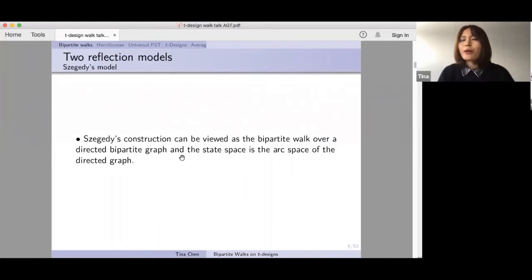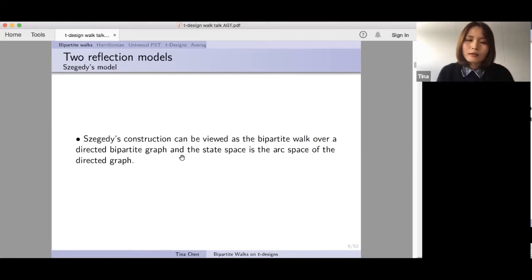Some of you may realize that this two-reflection model has been studied before, because it originated in Szegedy's paper, where Szegedy constructs a bipartite walk on a directed bipartite graph to study the quantum hitting time problem.